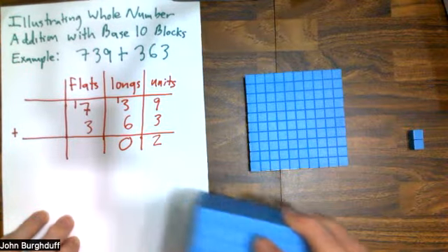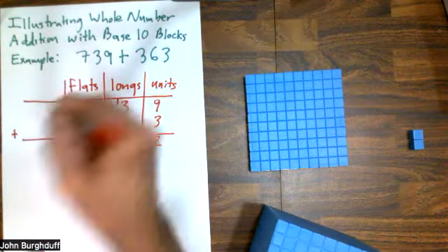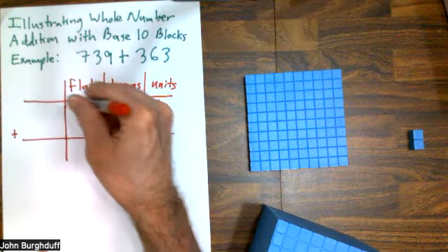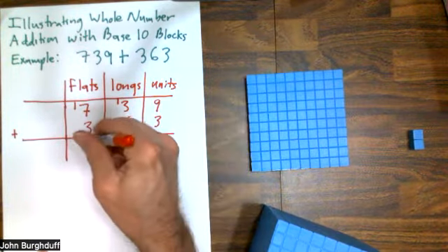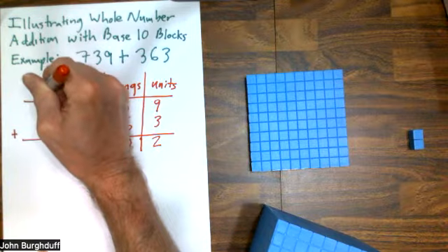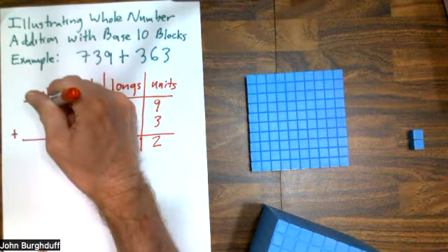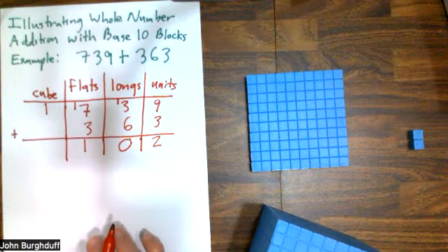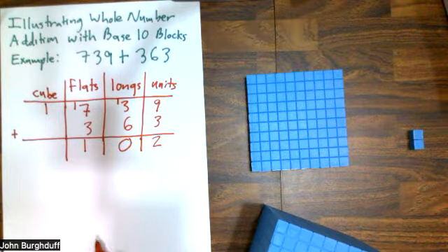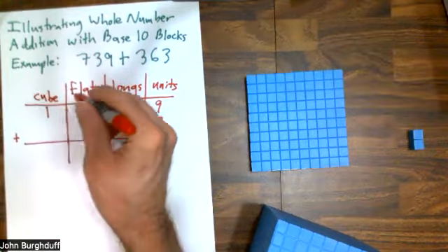Let's see how this looks in my chart. 7 flats, 3 flats, 1 more flat, that's 11 flats. That's leaving me with 1 flat. And I'm going to need to exchange those flats for a cube, using the language that most people are familiar with. We're carrying or exchanging, which is a word that works better with the manipulatives.